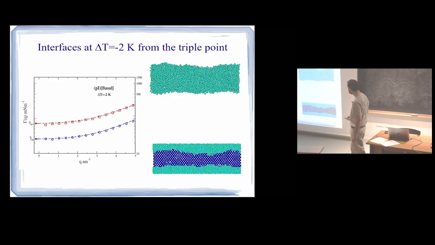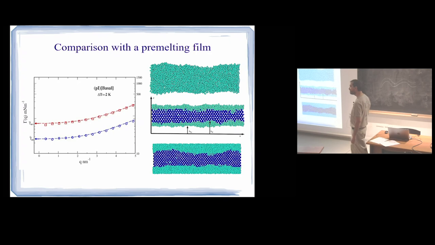Now I do the simulations for my system, which is bulk solid in coexistence with bulk vapor. And I get a pre-melting film. And all I've been doing is describing this pre-melting film in terms of the properties of this surface and this surface, the bulk ones that are easier to understand. Okay? Here I study the surface fluctuations of this surface, the one separating solid from film, and of this surface, the one separating film from vapor.